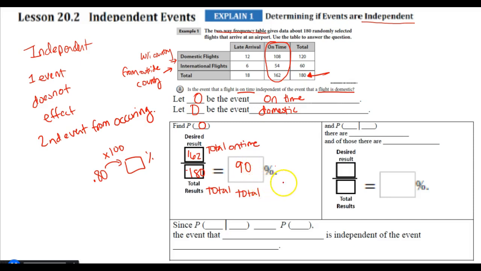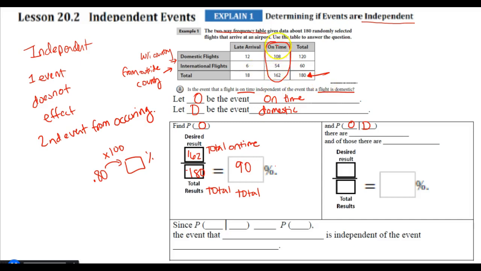Let's go on to the next one that we're going to do, which is the probability that if something is on time, O, that it'll be domestic. So that would essentially be that there are blank, and of those there are blank. So let's count how many on-time flights there are, and how many of those are domestic.